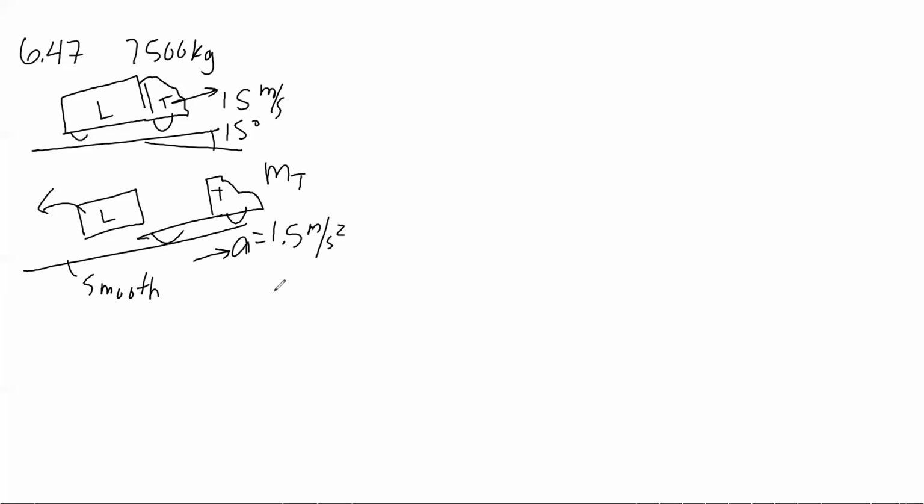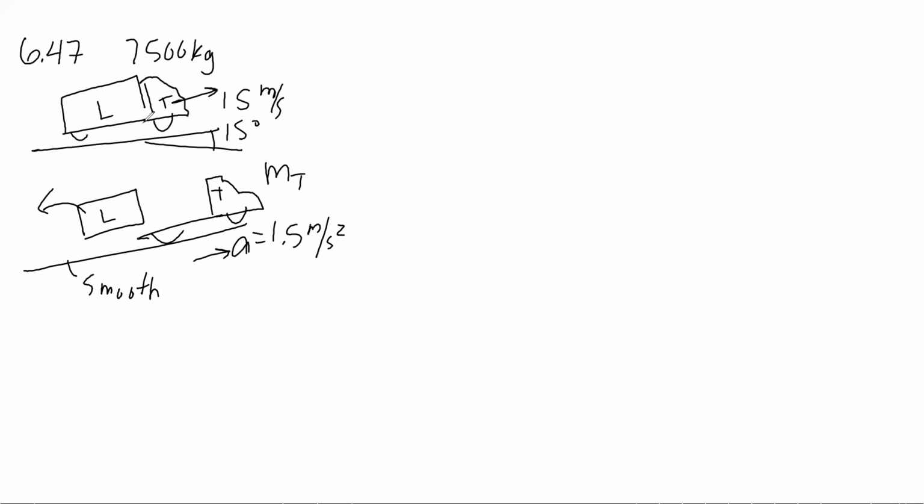Here, we'll just talk about it. There are two different situations, and each of them has its own free body diagram. So how do we do this? What does the diagram look like for the first part?